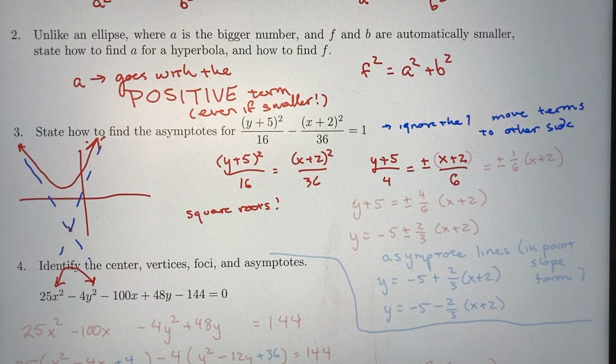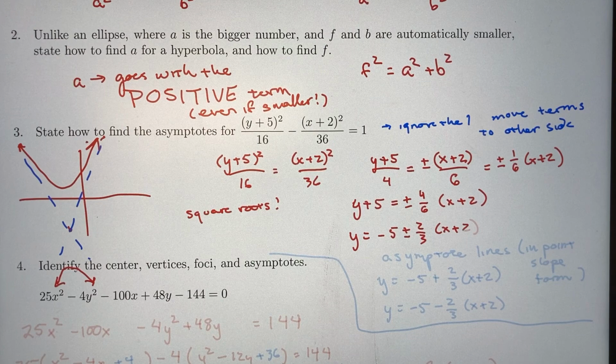Okay, so now here's the cute trick. I'm going to put the x plus 2 in parentheses and think of it as plus or minus 1/6 times x plus 2, because then I can get the point slope form for a line really easily. I move the 4 over by multiplying on top of the 6. And I have point slope form. And you can leave the plus 5 on the left side.